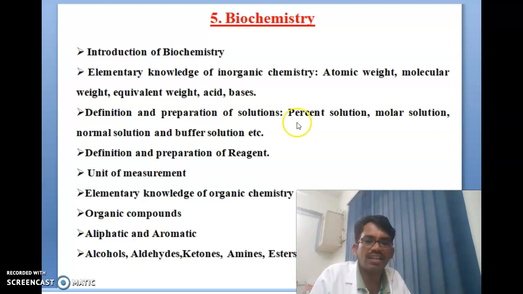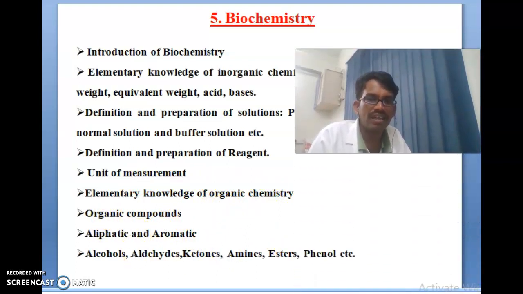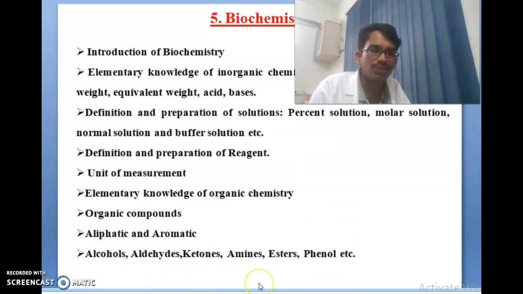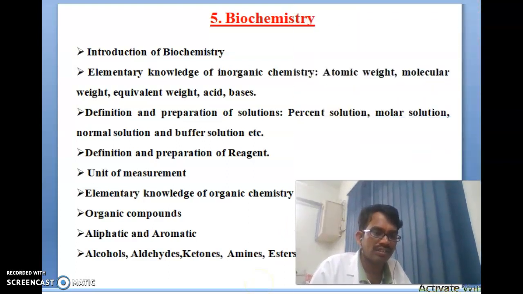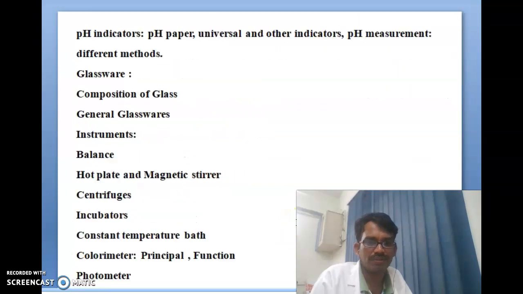Another topic is the definition and preparation of reagents and units of measurement, and elementary knowledge of organic chemistry: organic compounds, aliphatic, aromatics, and functional groups like alcohols, aldehydes, ketones, amines, ethers, and phenol. Next, pH indicators, pH papers, universal and other indicators, how to measure pH, and different methods.